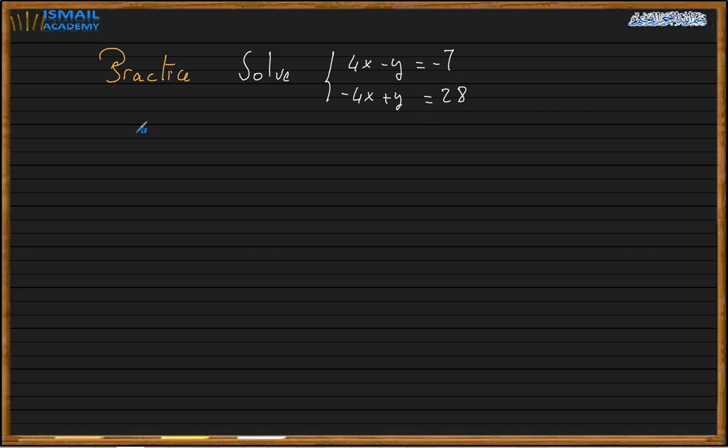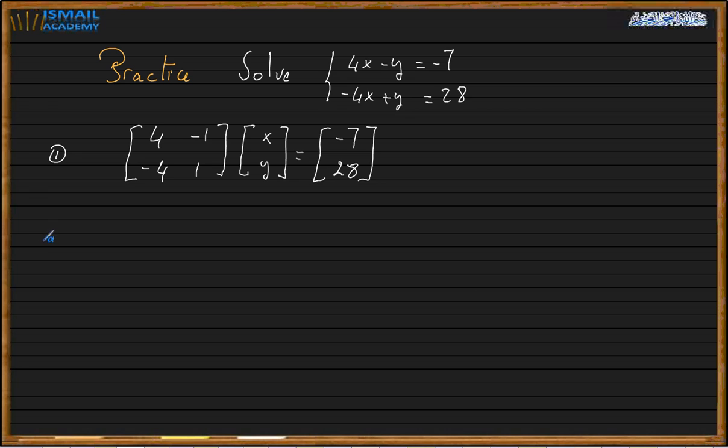So I will transform my system from standard notation to matrix notation. So this is my first step. My second step, I'm going to find the determinant of the coefficient matrix. So the determinant will be 4 times 1 minus 4, so we end up having 4 minus 4 equals 0.